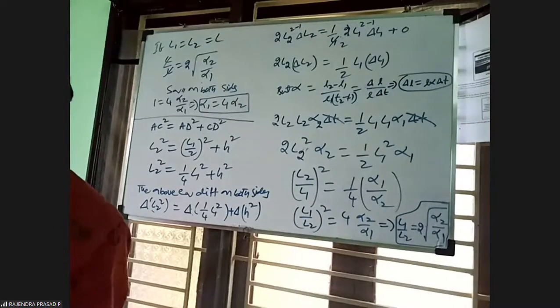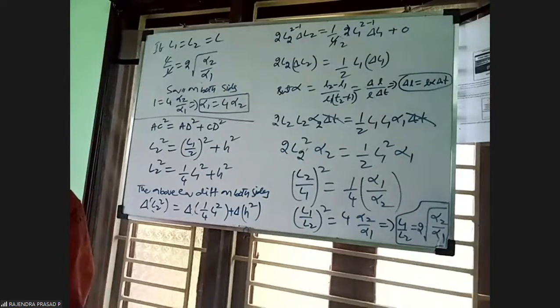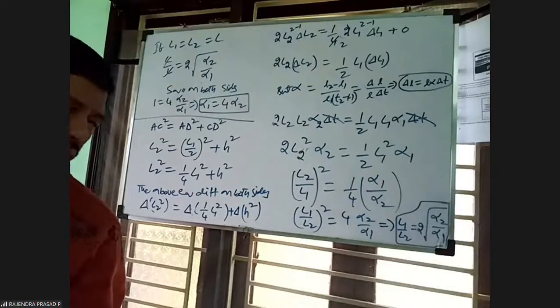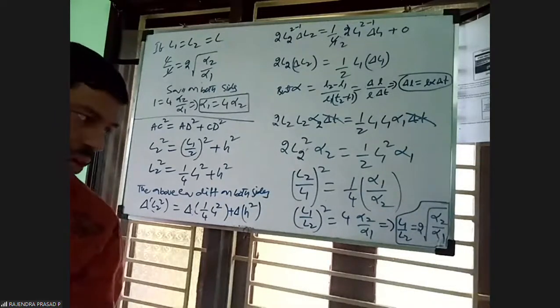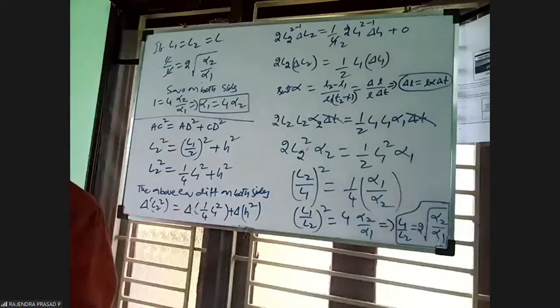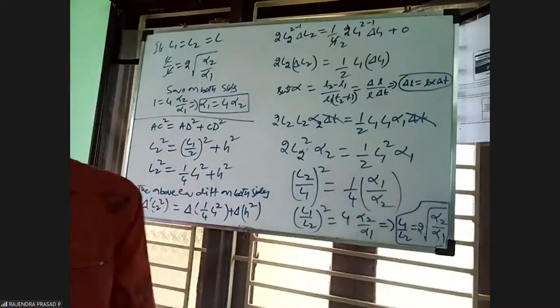They ask alpha 1 by alpha 2, so alpha 1 by alpha 2 equal to 4. The ratio of coefficients is also 4:1.